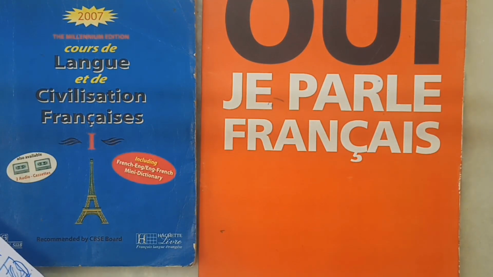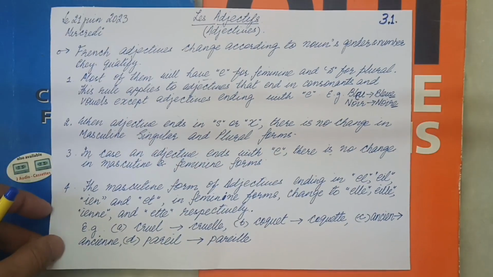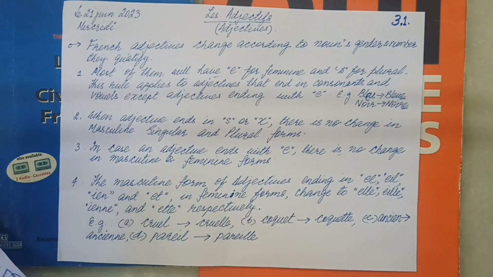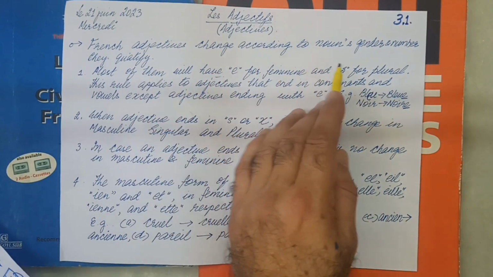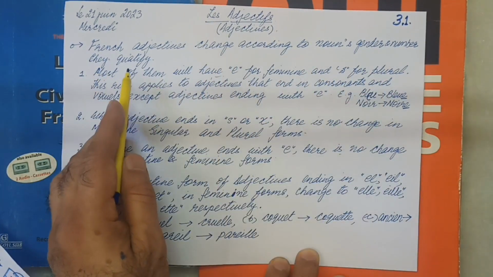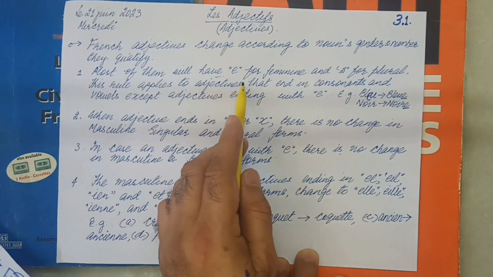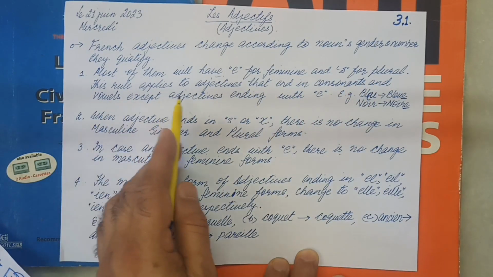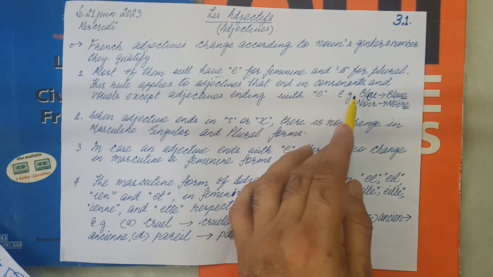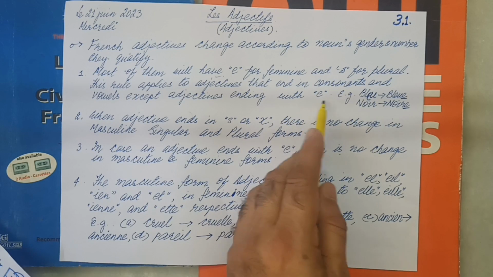That becomes very easy, and you can download this and take a printout and store it for your records. So French adjectives change according to the noun's gender and number they qualify. Second rule, most of them will have E for feminine and S for plural. This rule applies to adjectives that end in consonants and vowels except adjectives ending with E.